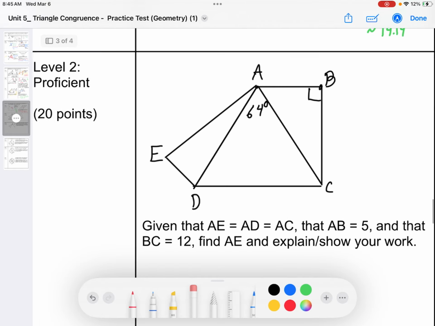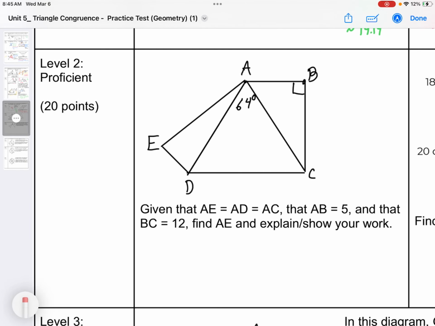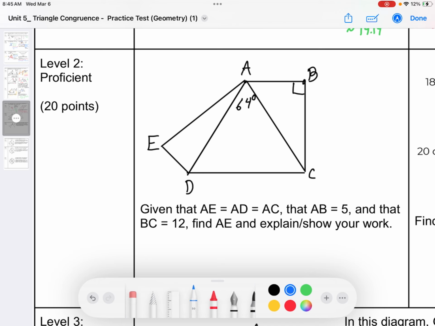Going to level 2, if you're proficient with this, going to the Pythagorean theorem, you can kind of combine these multiple steps together. We say AE equals AD equals AC. And AB is 5. I label that on the diagram. AB is 5, BC is 12. And immediately I see a right triangle with legs here and here. So I can use the Pythagorean theorem.